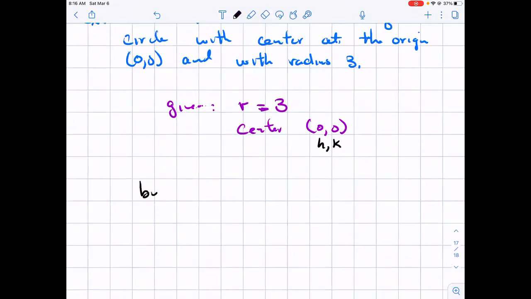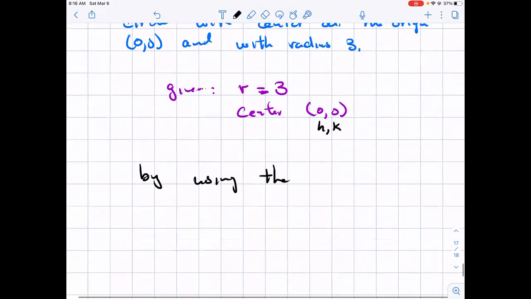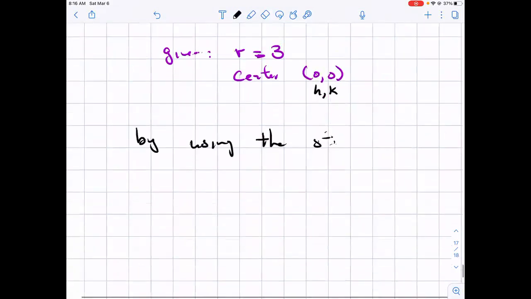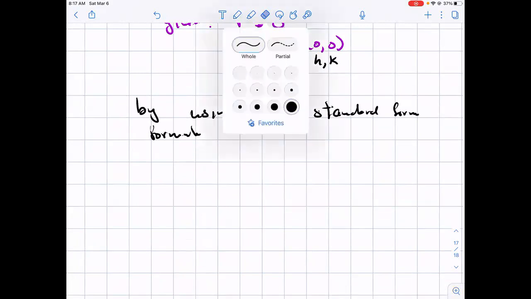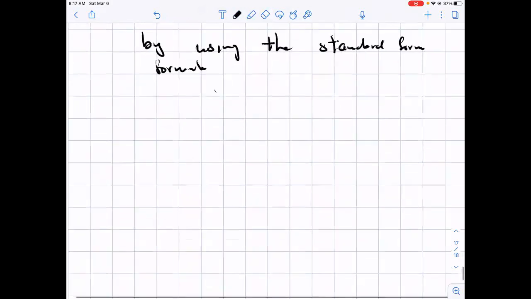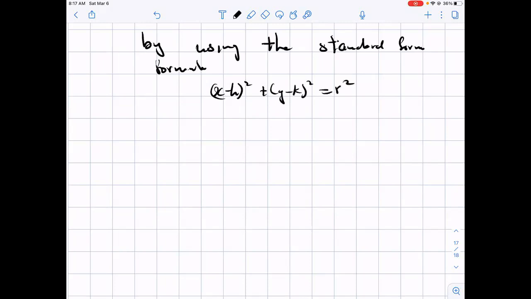So now by using the standard form formula, which is x minus h squared plus y minus k squared is equal to r squared.